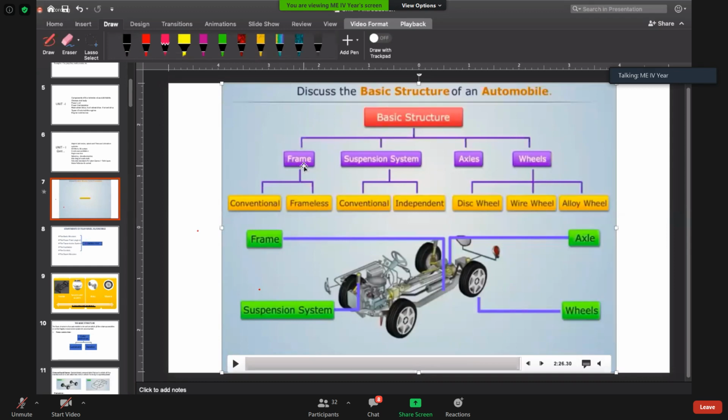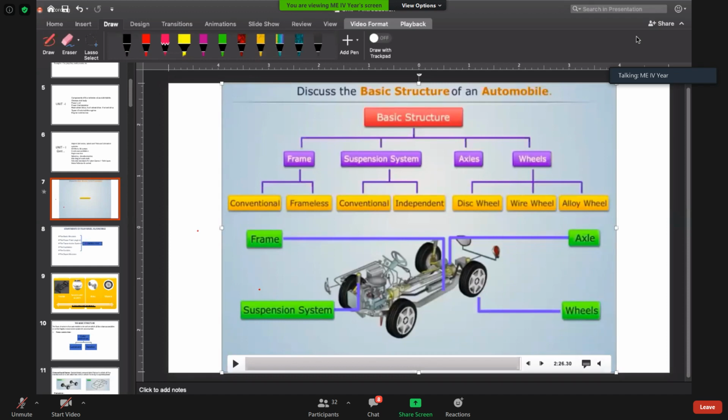Anyone else who wants to talk about the axles or wheels? See, this is a theoretical subject, and we don't have any numericals in it. Only different components need to be discussed.